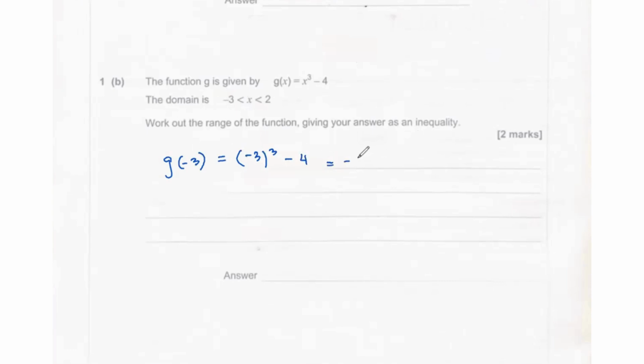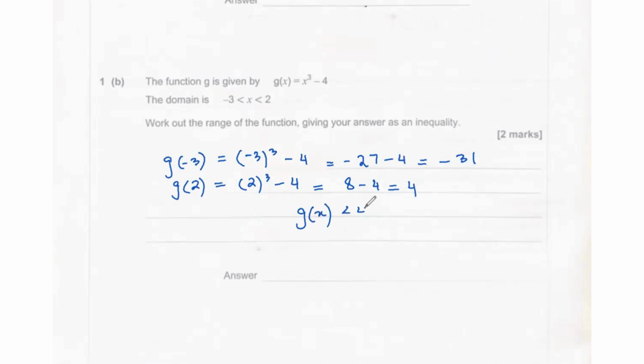That's -27 minus 4, and that's -31. Then g of 2 equals 2 cubed minus 4, which is 8 minus 4, 4. So your range is less than 4, but greater than -31. And that is your answer.